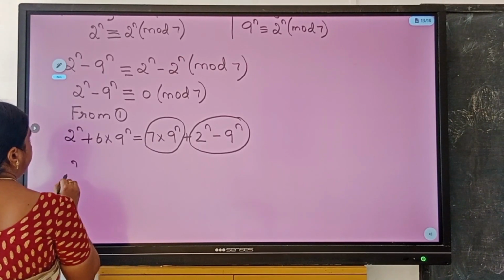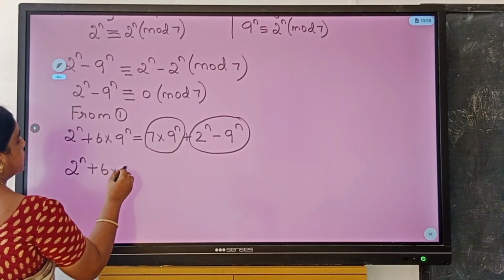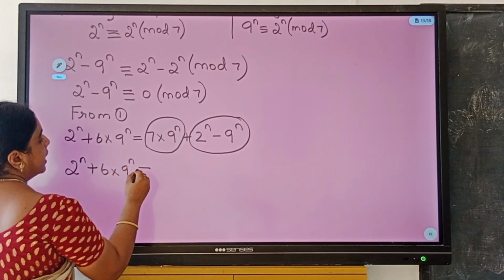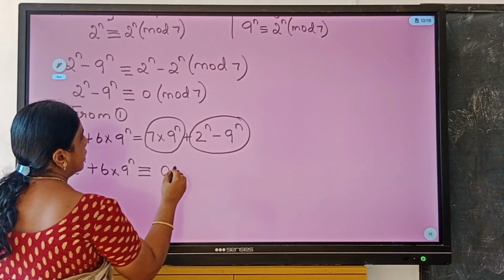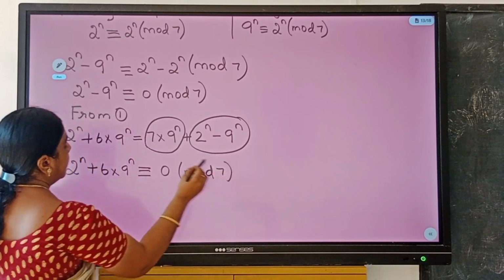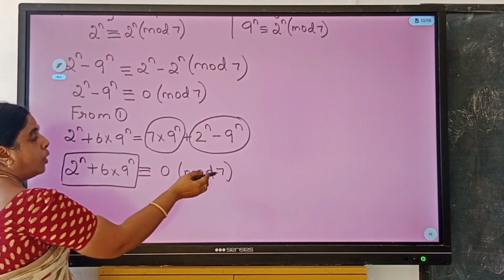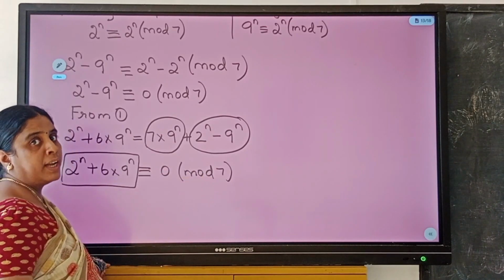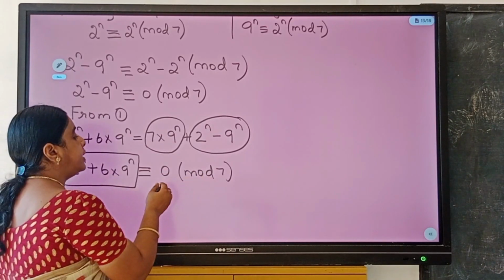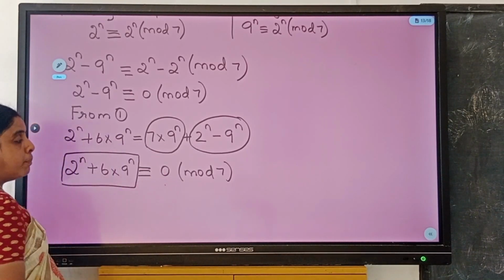So finally I can write 2 power n plus 6 into 9 power n is congruent to 0 mod 7, which means that this value is divisible by 7. When I say divisible, your remainder is going to be 0. So that is what we have proved here.